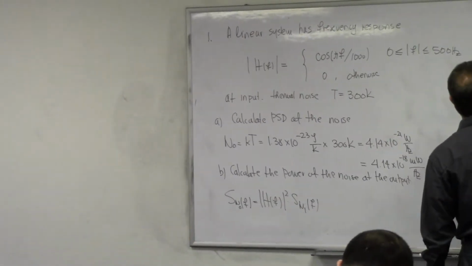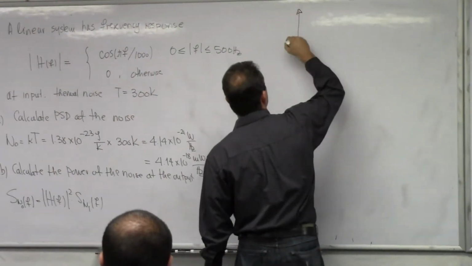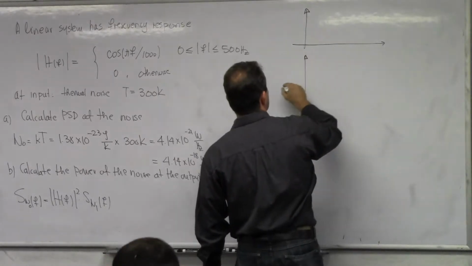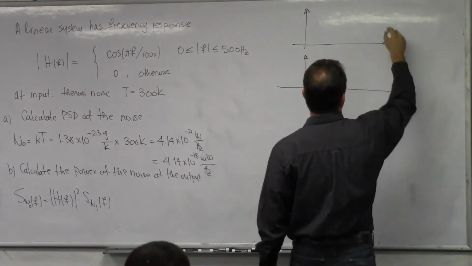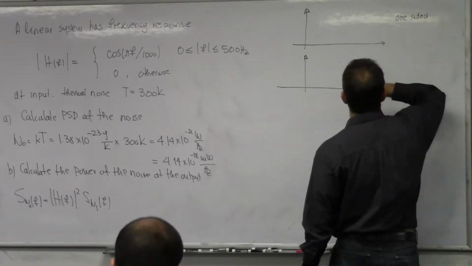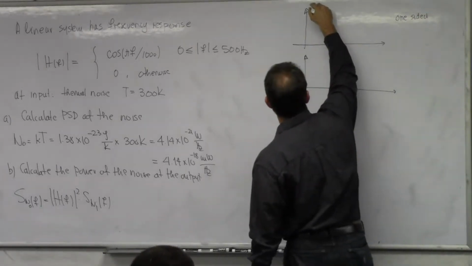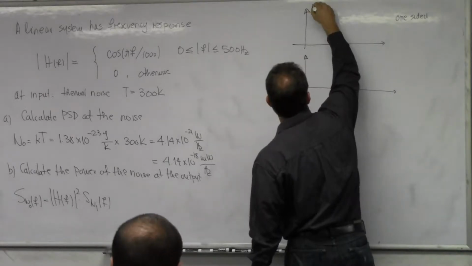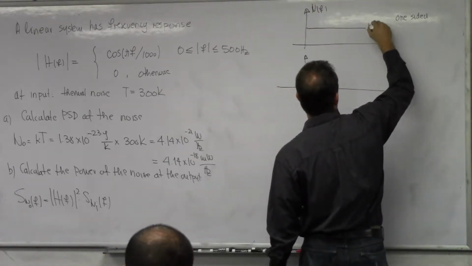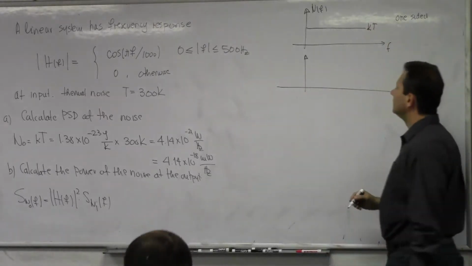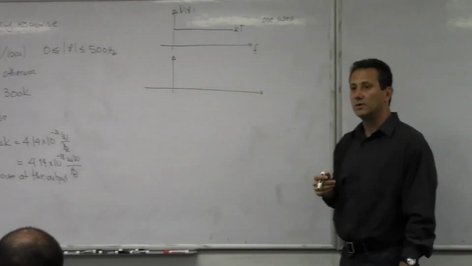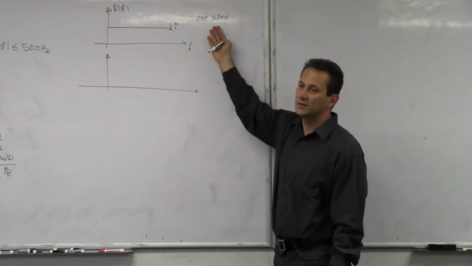Let me explain this a little bit, because it comes up all the time. If we talk about one-sided power spectral density, which is N(f), this is kT. In the physical world, frequencies are always positive, so this is what exists out there.